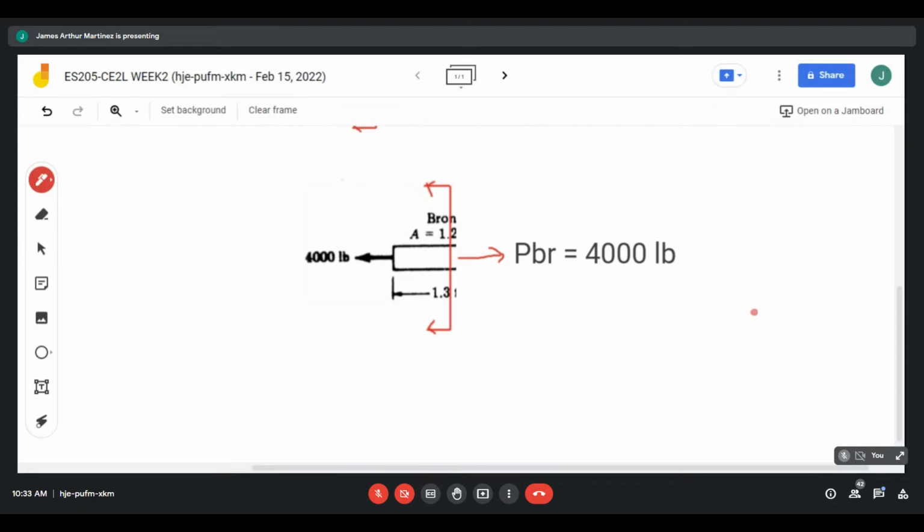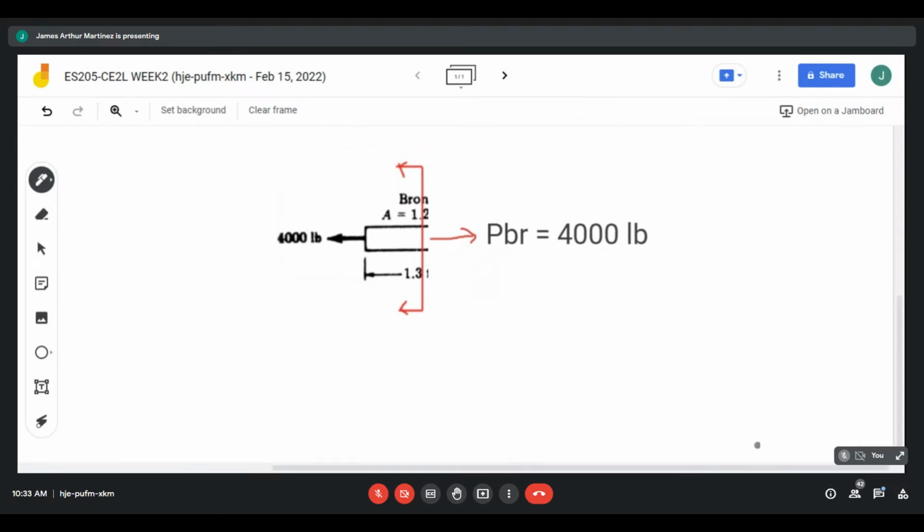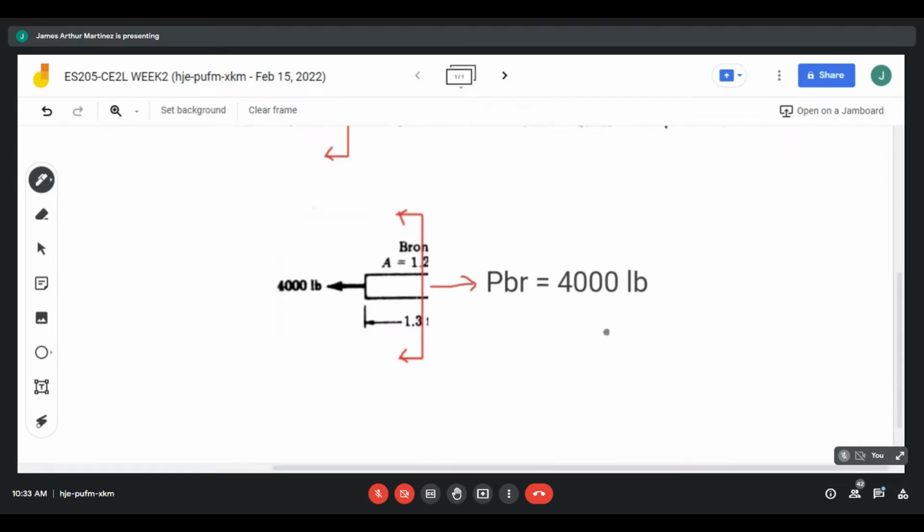So if we have determined the internal force for bronze, then we can now compute its normal stress, since stress is equal to force over area. So the normal stress of bronze is equal to PBR over the cross-sectional area of your bronze.